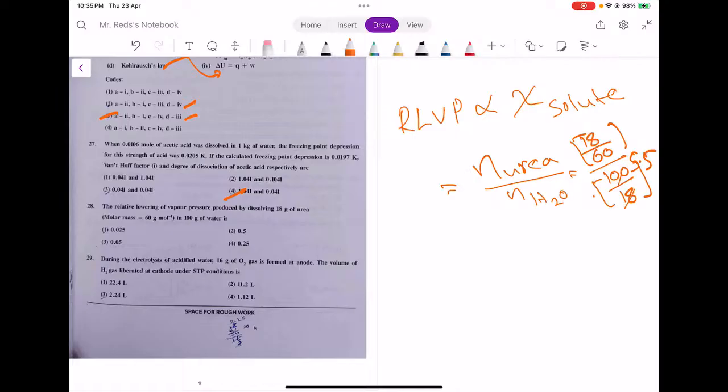This is one fraction. Here 5.5. Now 6 into 3, 6 into 10, so now 3 by 10 by 5.5, that is 0.3 by 5.5.